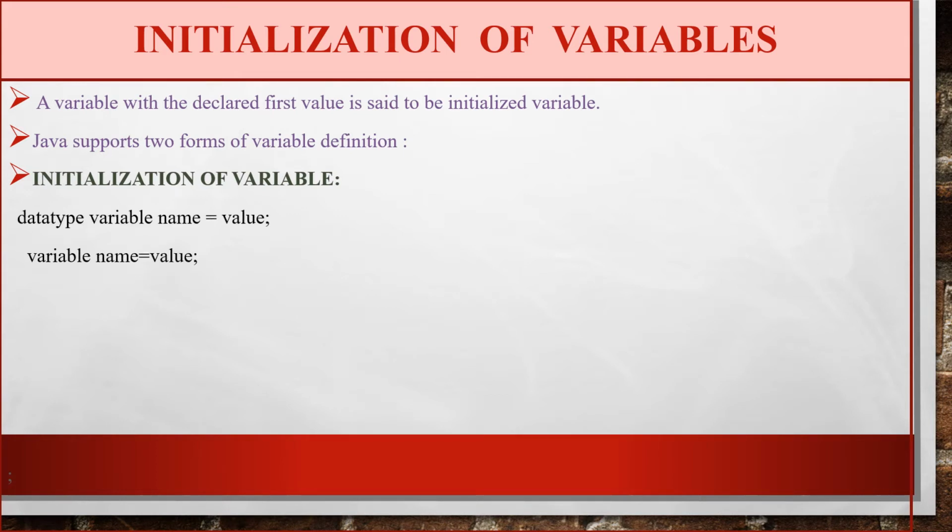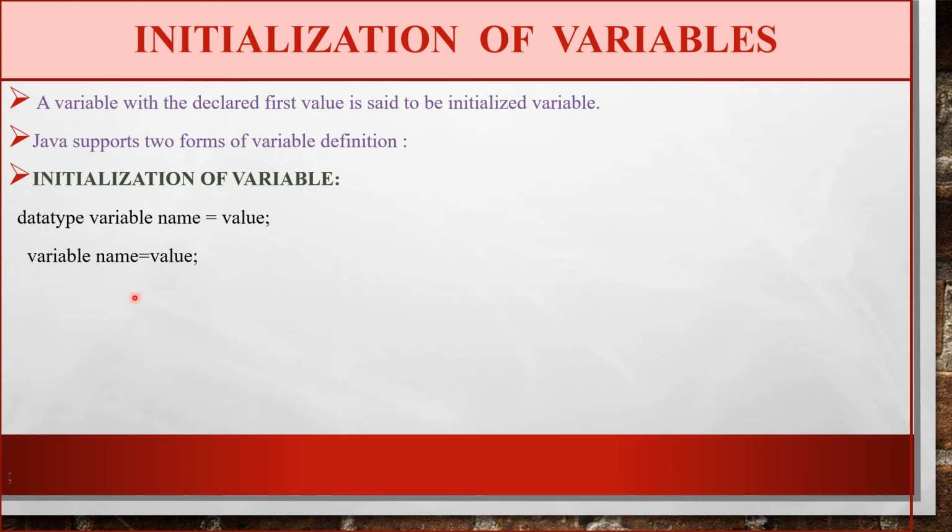The first one is data type, variable name, equals value. The first part, data type and variable name, we have already discussed in the declaration. If we also use equals to value in that statement, then we have the declaration part before the equals sign and the initialization part after it, in the same statement.